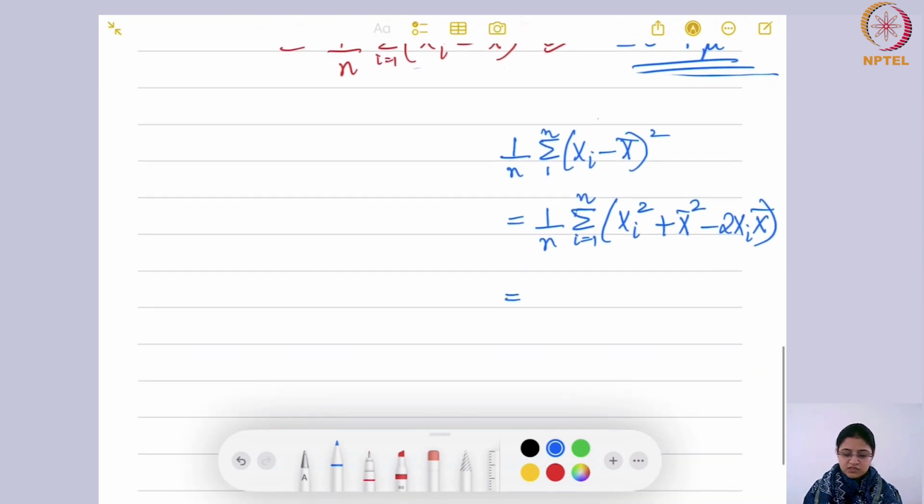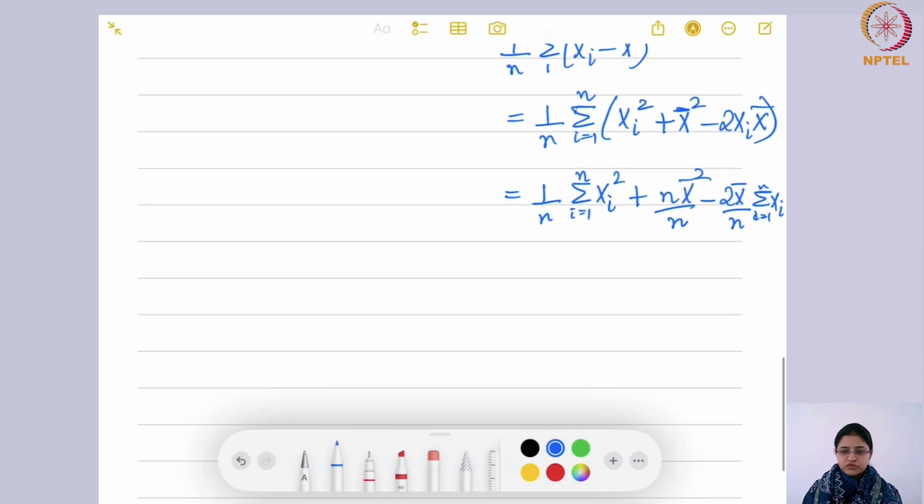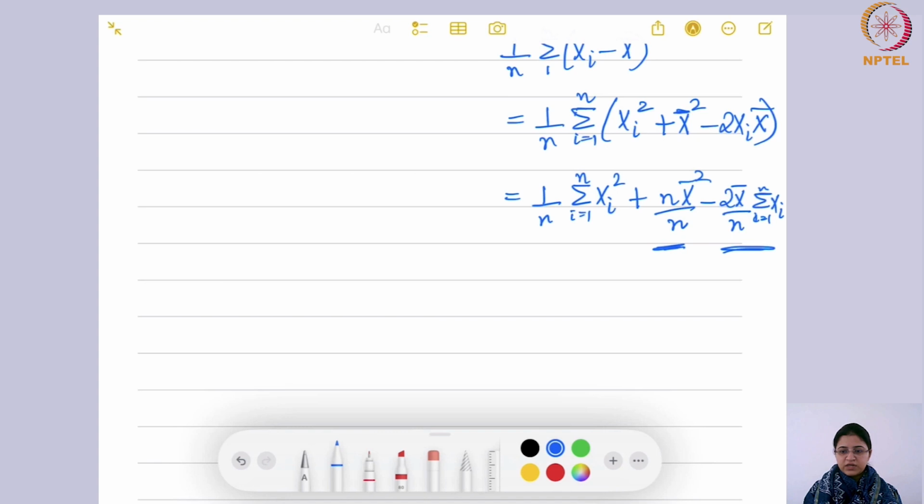When you take the summation inside, it is 1 over n times summation xi square, i from 1 to n, plus x bar square is a fixed quantity, so that becomes n times that, and with n in the denominator, it is n x bar square over n, minus 2 x bar over n summation xi, i from 1 to n. Here n and n cancel out, and summation xi by n is again x bar.